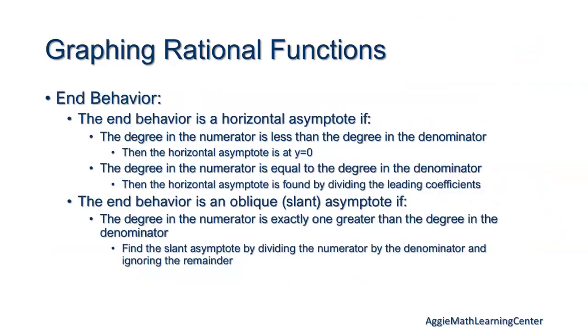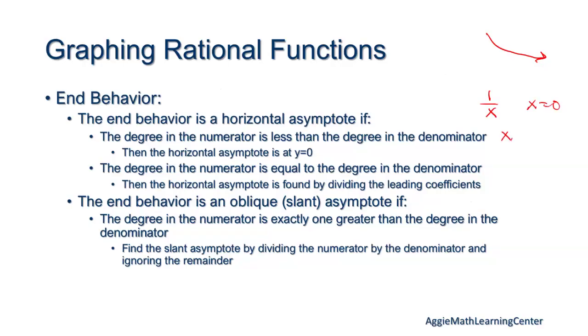For end behavior again, that is more about where the x values are going. The end behavior is a horizontal asymptote if the degree in the numerator is smaller than the denominator. So if you have 1 over x, for example, the horizontal asymptote would be at y equals 0.